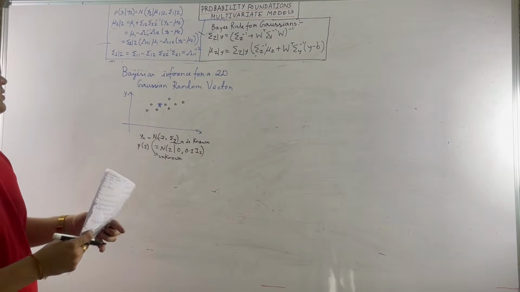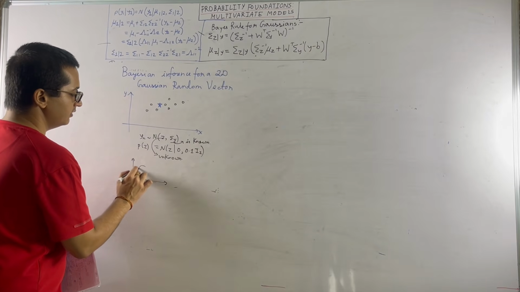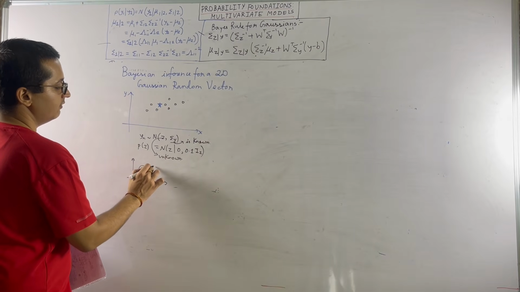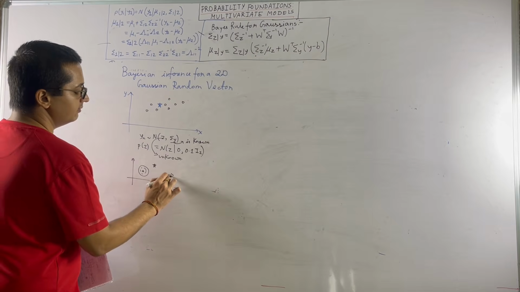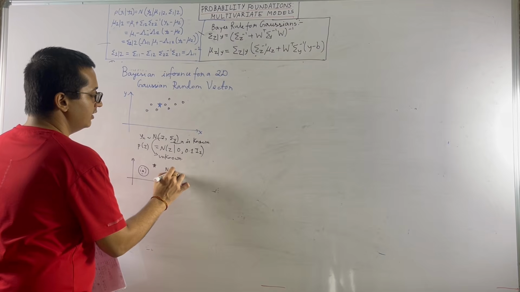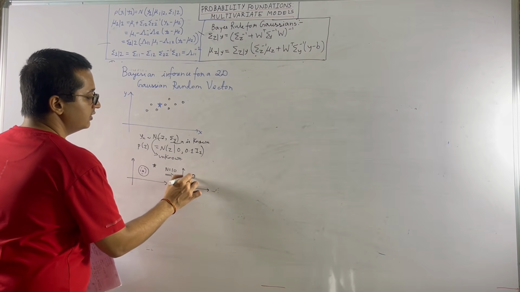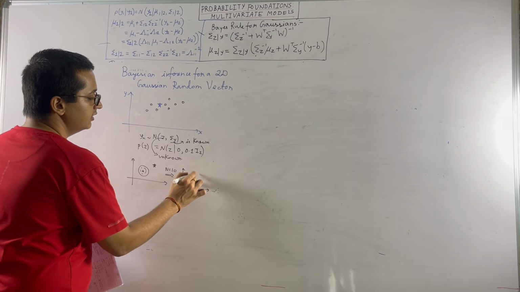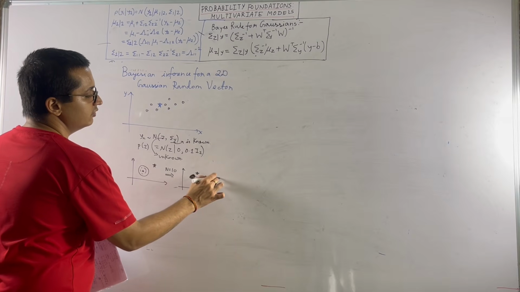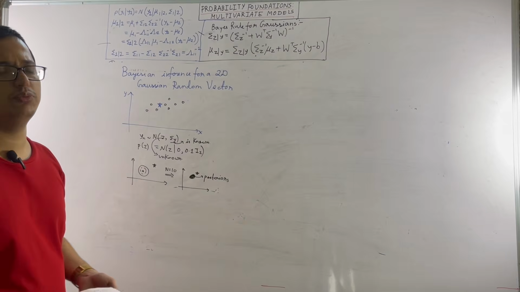You will see that if initially the prior is somewhere over here, and the plane was somewhere here, then when you take multiple measurements, let's say n as 10, the posteriors start shifting towards the actual location. So the posteriors shift to the true location as you collect more and more measurements.